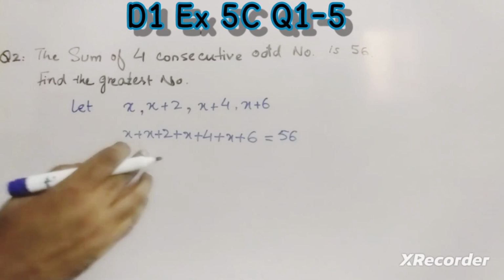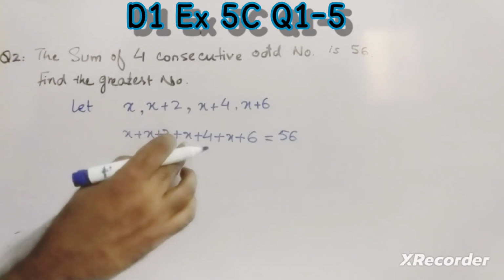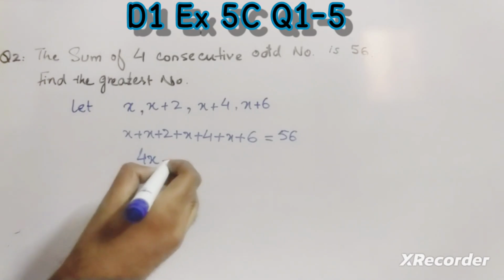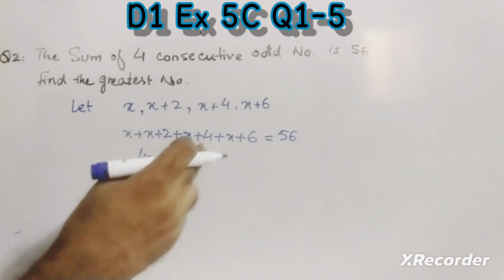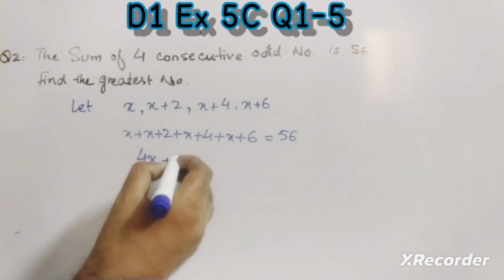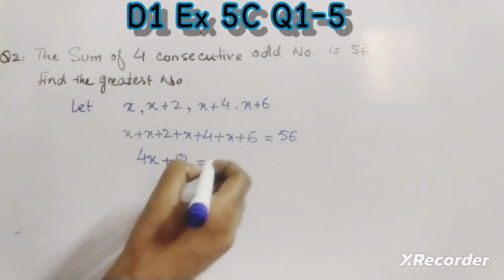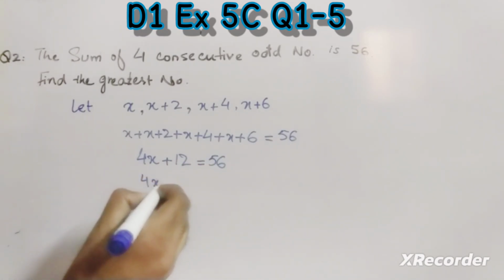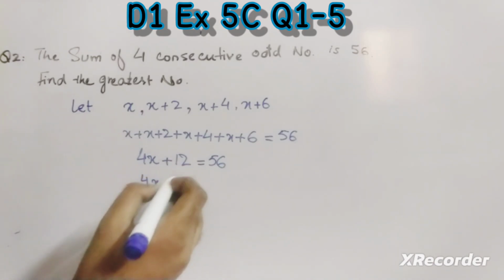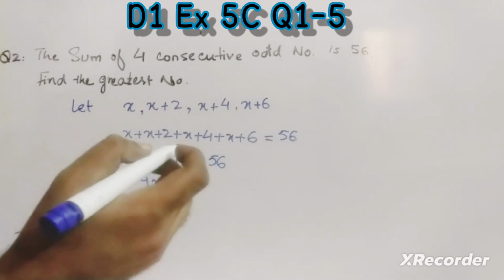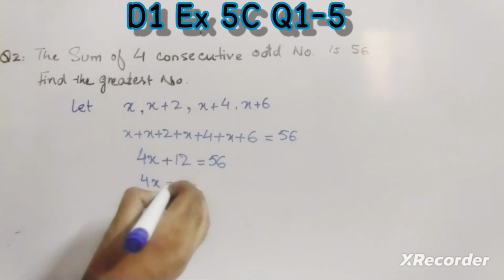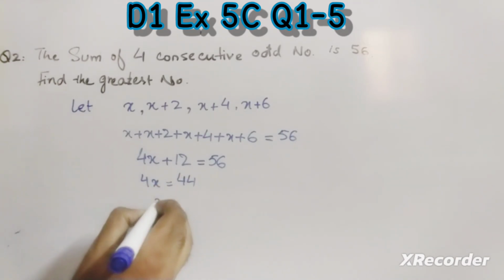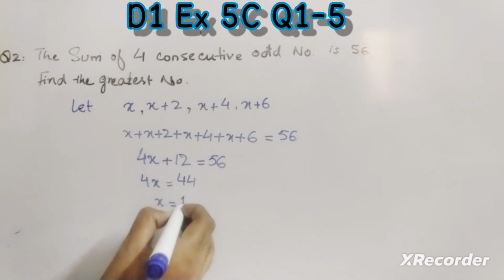Now combining all the x's, 1, 2, 3, 4. So 4x plus 2 plus 4 is 6, 6 plus 6 is 12, is equal to 56. 4x becomes 56 minus 12, 44, and x will become 11.